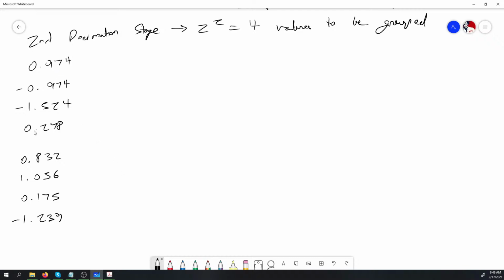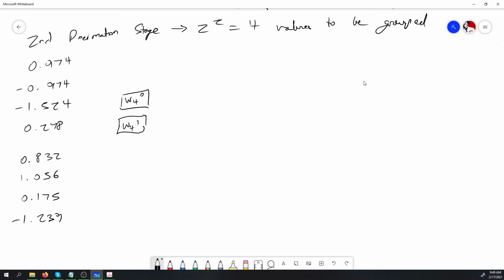So within this grouping of 4 values, these first 2 values will not have any twiddle factors or negative ones associated with them. The next 2 values will have twiddle factors and negative ones associated with them. Because this is the second decimation stage and we're grouping by 4 values, the twiddle factors we associate are going to be W of 4. This one is going to be W4 of 0, and this one is going to be W4 of 1.